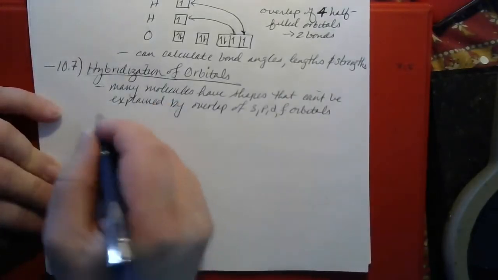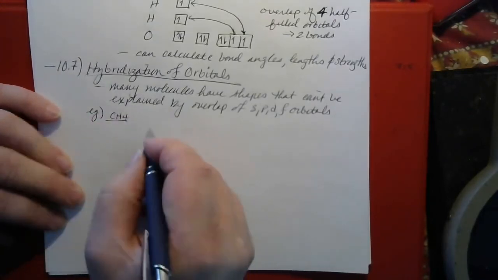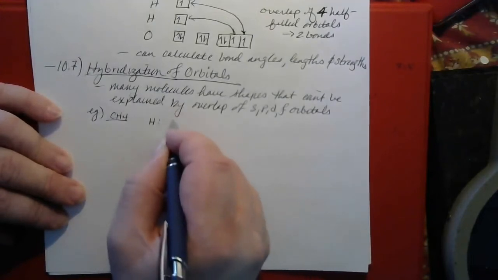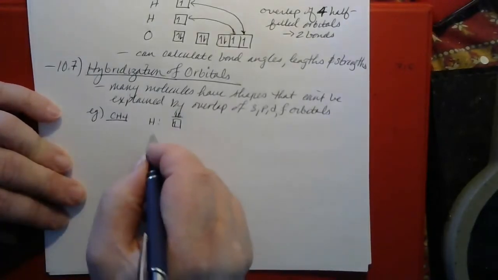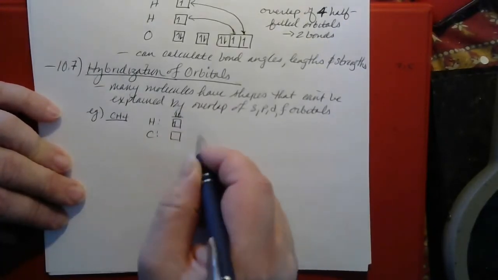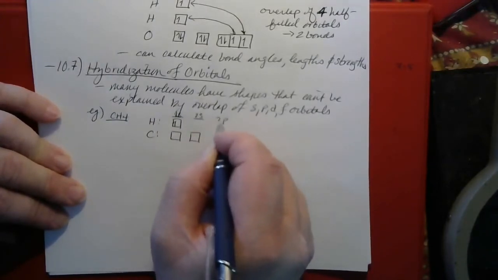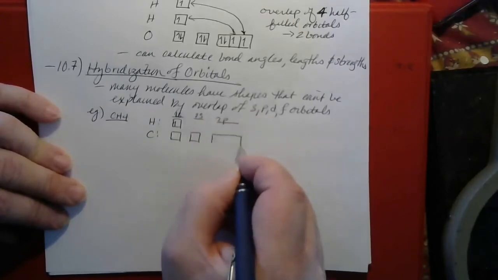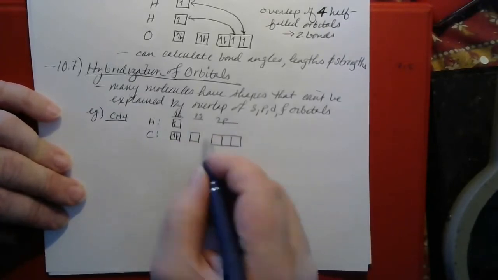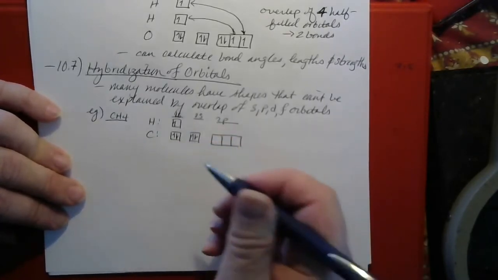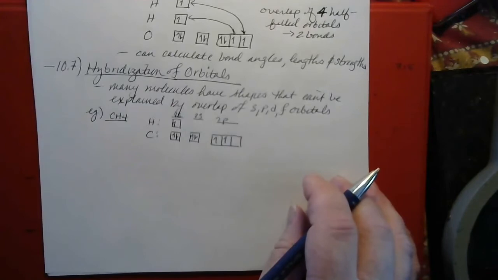An example, a fairly simple example, would be methane, CH4. You have hydrogen with its 1s electron, and you have carbon with its 1s and 2s and 2p orbitals. So carbon is 1s2, 2s2, and 2p2. So there's carbon.